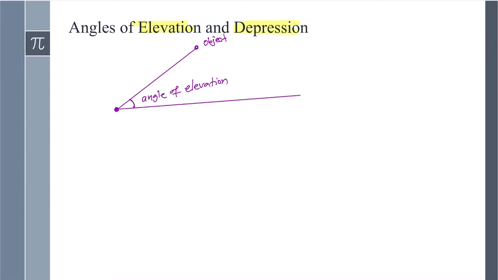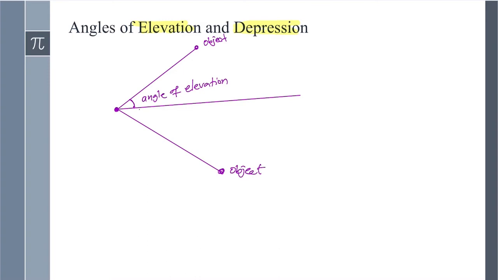Now let's say from the same point someone is looking down. For example, you are standing on a height and you are looking down. The object is somewhere right here, and someone is observing that object from here.